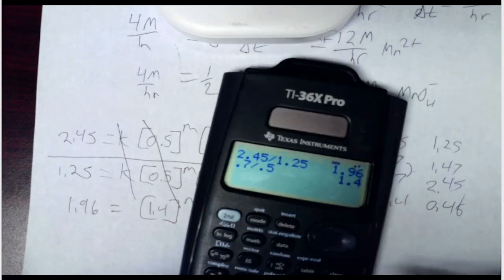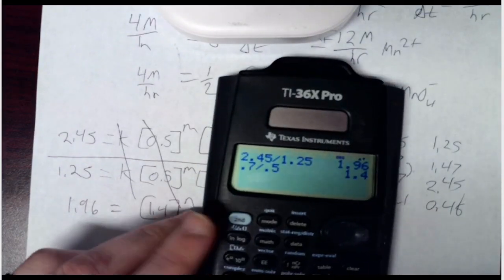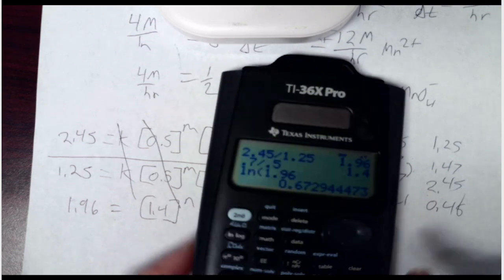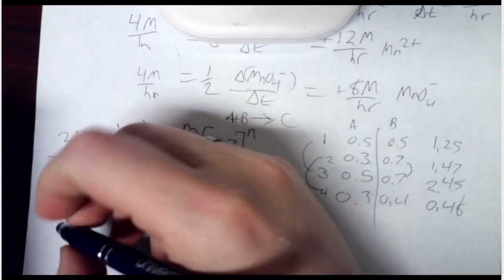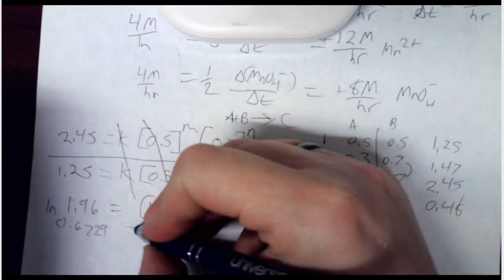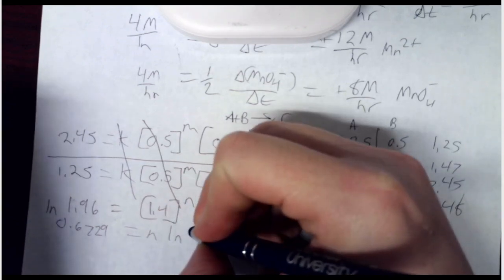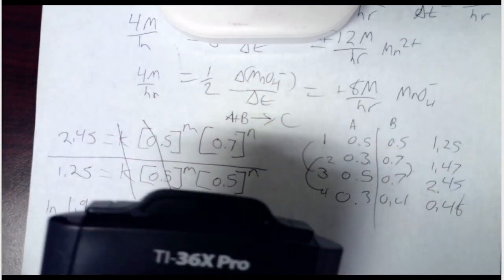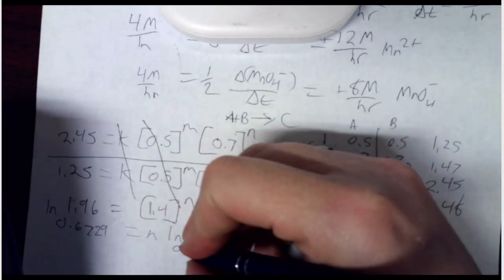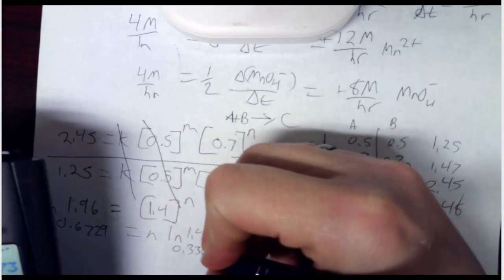But we'll just check. The natural log of 1.96 is 0.6729, and the natural log of 1.4 is 0.3365.